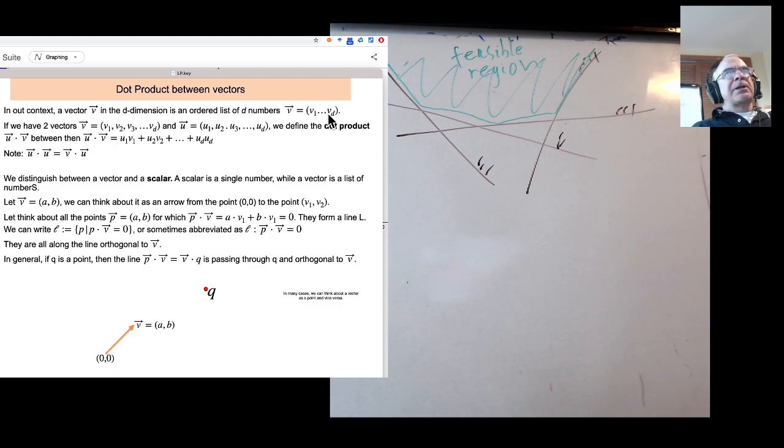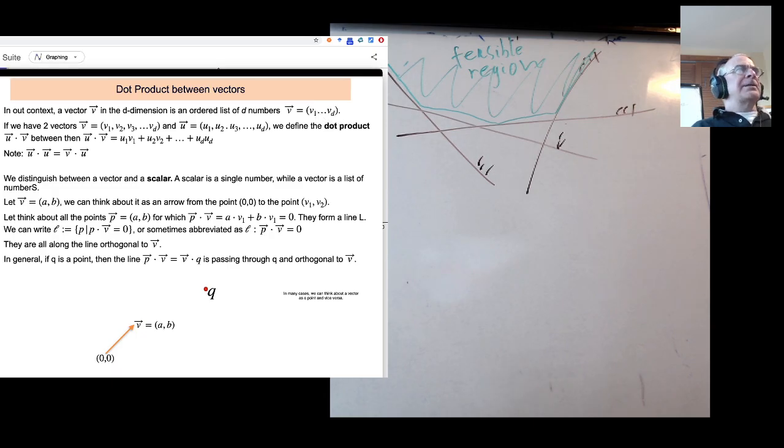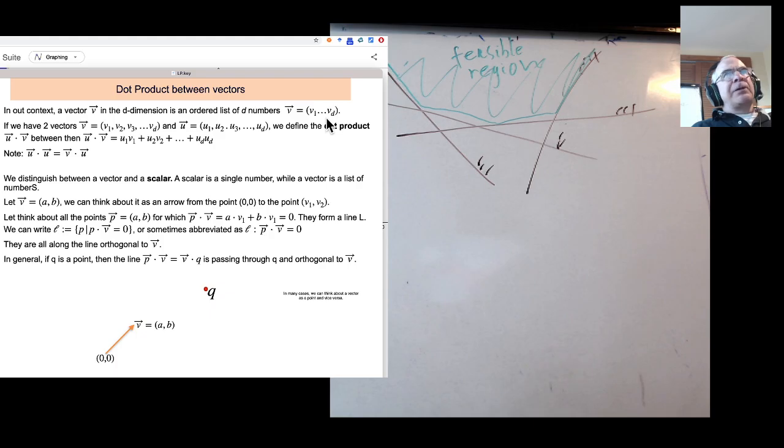A vector in the d-dimensional world is a list of d numbers. I'll give them names: the first number is v1, the second number is v2, v3, all the way up to vd, namely the last number of the vector. In 2 dimensions, it will be just v1 and v2, or just x and y.